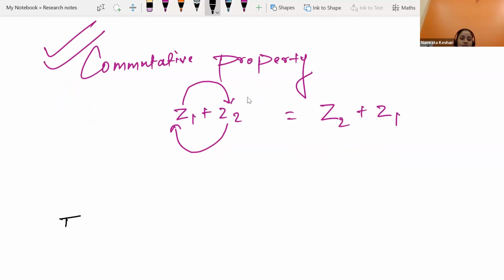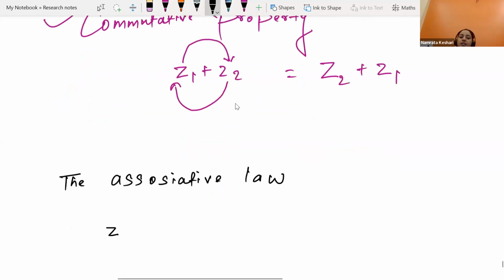associative, which says that if we have three different complex numbers z1, z2, z3, and you add z2 plus z3 at first and then add z1, solve the bracket first, right? So first you add z2 plus z3, and whatever result you got, you add that with z1.